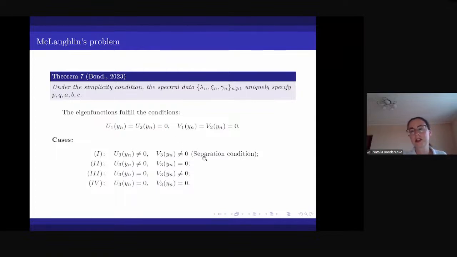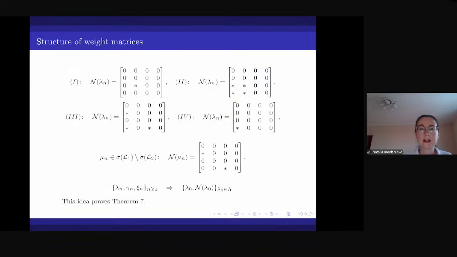But if the separation condition doesn't hold, then we can have different cases for different eigenvalues. The cases 2, 3, and 4 are also possible. And it can be shown that in each case, the weight matrices have different structure, which is presented on the slide. Here, stars mean non-zero elements, and the other elements are zero.